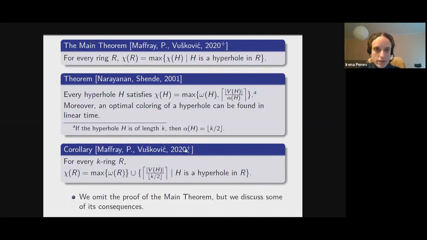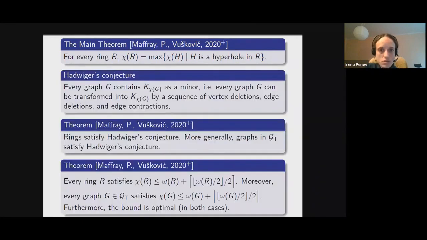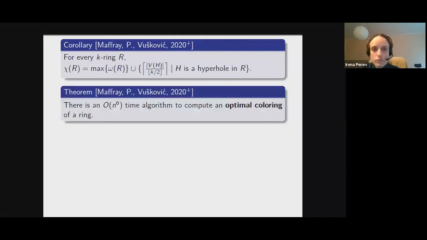I'm not going to tell you anything about the proof of this. It's too complicated. I do want to talk about some consequences of it, and this one I'm just going to skip. I want to talk about coloring. We got an optimal coloring algorithm for rings, and it takes n to the 6th time.